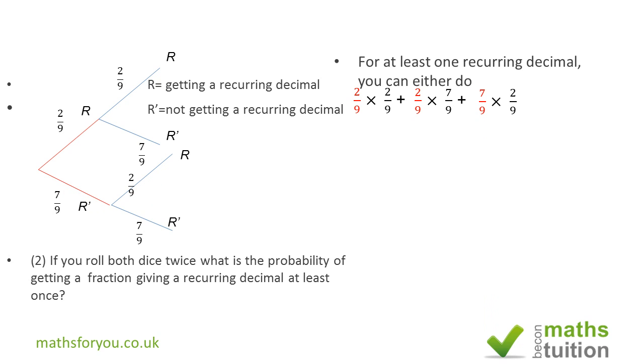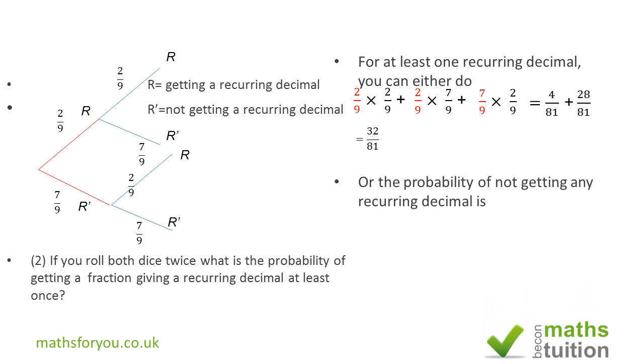If you go down this route here, there's no recurring decimal at all. These two occur twice: 2 over 9 times 7 over 9 and 7 over 9 times 2 over 9 give us 28 over 81, and when you add 4 over 81, you get a value of 32 over 81.